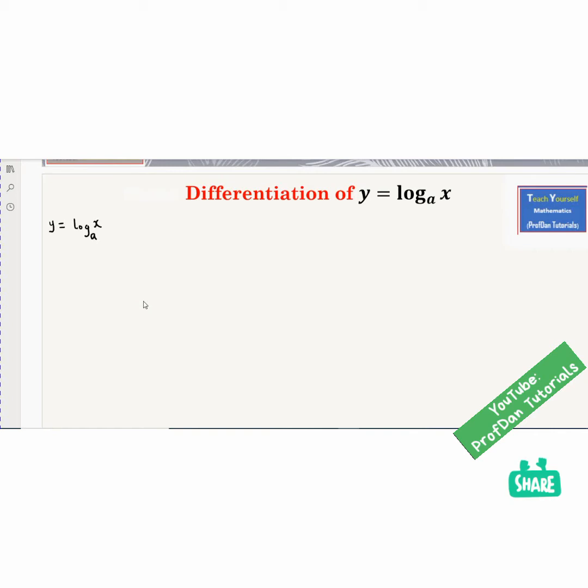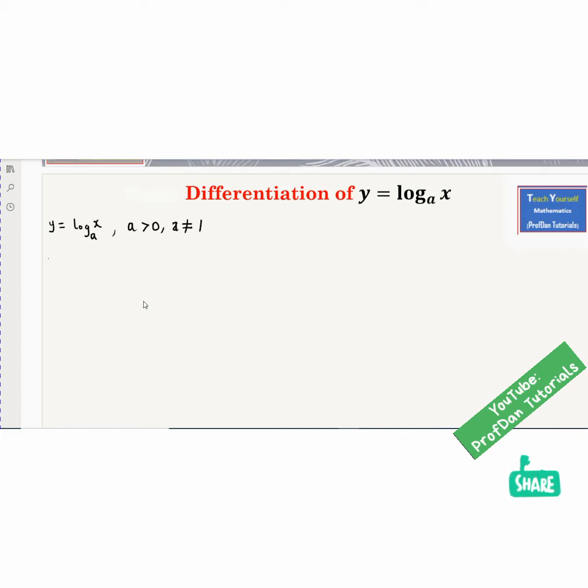In this case, the base is specified. It is not e, it is not exponential, it is not a Naperian logarithm. Let's say our a is greater than 0 and a is not equal to 1. So how do we differentiate this type of logarithm function? This is our focus for today.